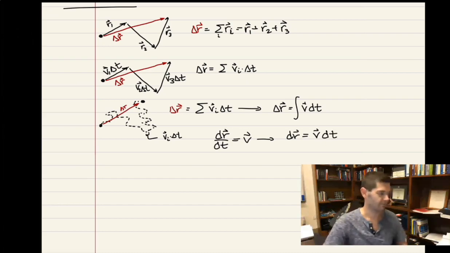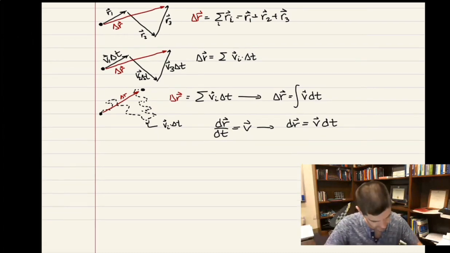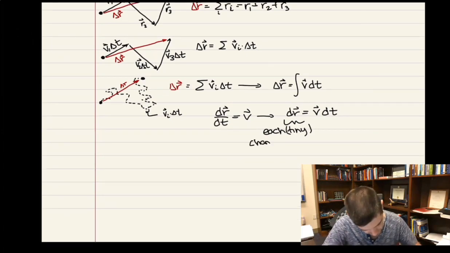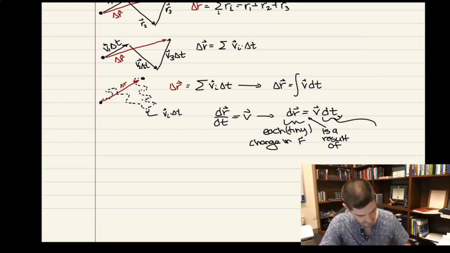This might be referred to as a differential expression, where this is saying each tiny, tiny, tiny change in R is a result of velocity times time.